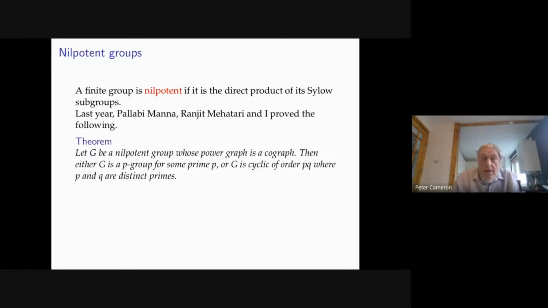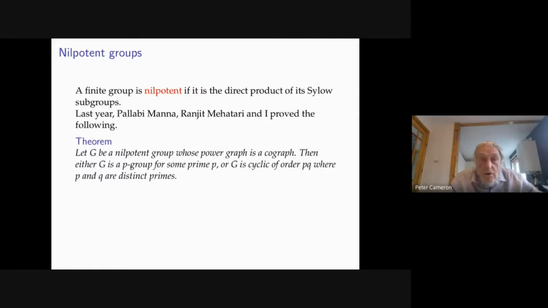And here's the theorem that I proved with two people in the audience, Palabhimana and Ranjit Mehtari. We classified all nilpotent groups whose power graph is a cograph. Such a group could be a p-group for some prime p, or if it's not, then it's the cyclic group whose order is a product of two primes.